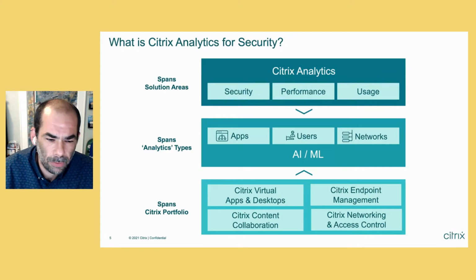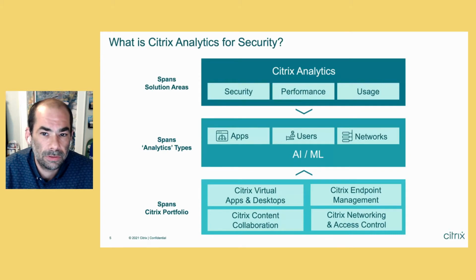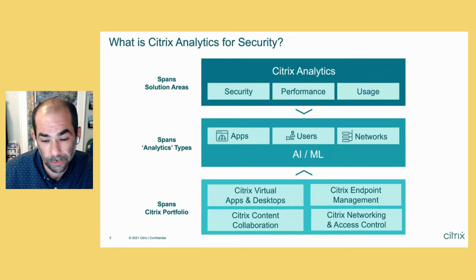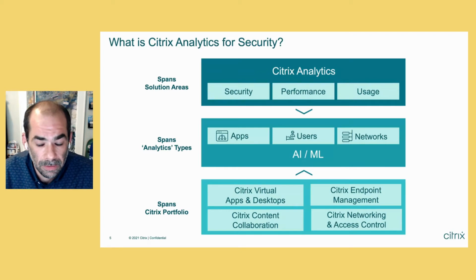And you'll see there in the middle that we're focusing our analytics, and the information that we provide to administrators, around the three key types of analytics that are most important to administrators right now: the applications that their users are using on a daily basis, whether they're published from a virtual context or web and SaaS type applications; the users themselves, who they are and where they're coming from; and the networks that they're accessing from, be it inside the data center or security perimeter, or outside of it, in the context of the broader zero trust security conversations that are going on.